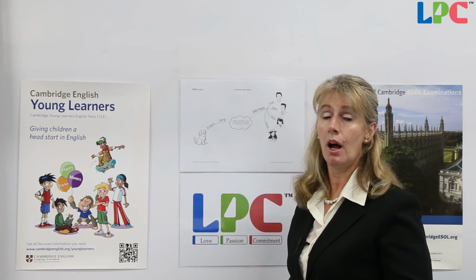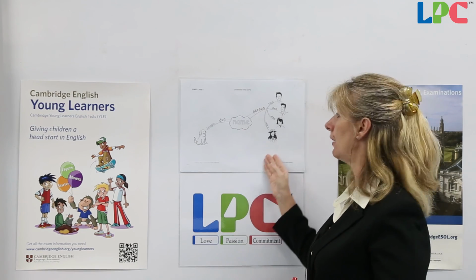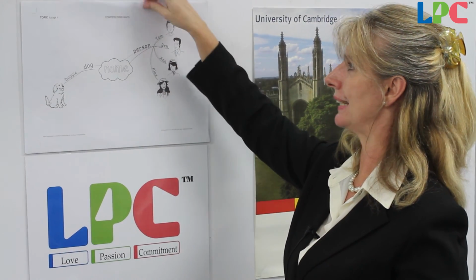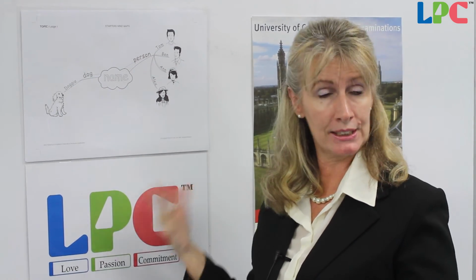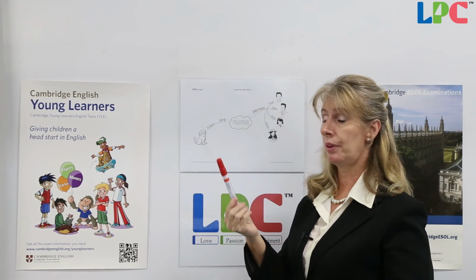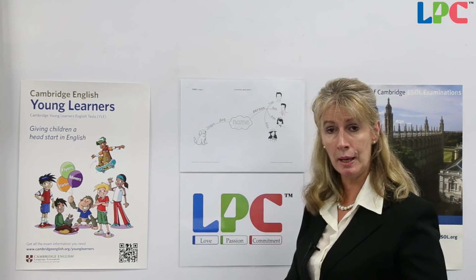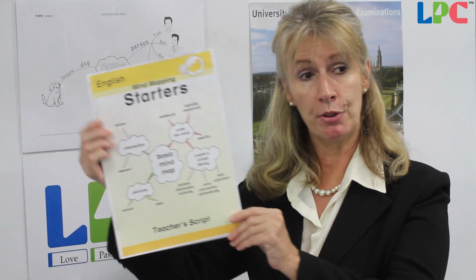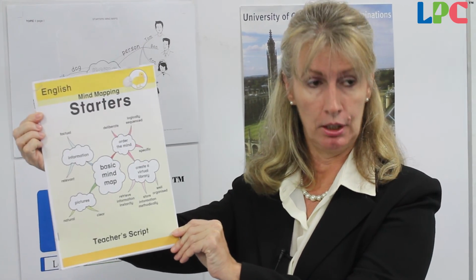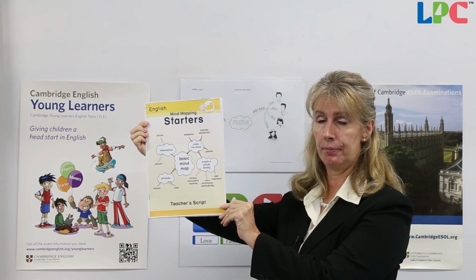For me, I will usually use a mind map which is covered in a plastic cover like this. This way you can recycle and reuse it again and again. With a whiteboard marker, you simply use it and then you can wipe it clean with a tissue when you're done. Have your teacher's script ready so that you know exactly what you should be saying.